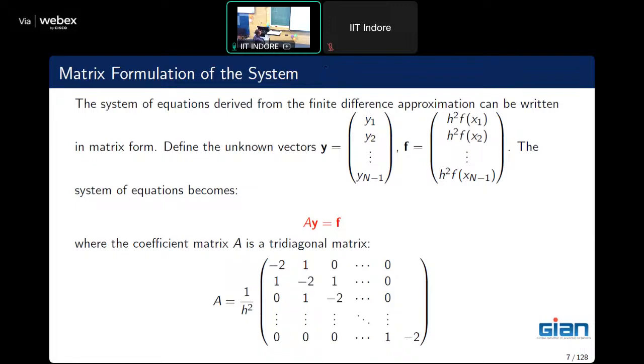So the difference approximation can be written like this, and finally we are getting the system of equations. And this matrix equation is a tridiagonal, because why is it tridiagonal? It has only the super diagonal, the main diagonal, and the subdiagonal. Okay, and that's why it is called a tridiagonal matrix.